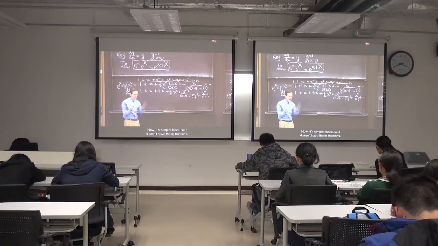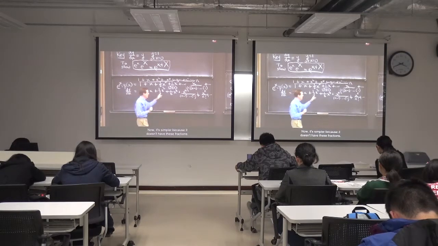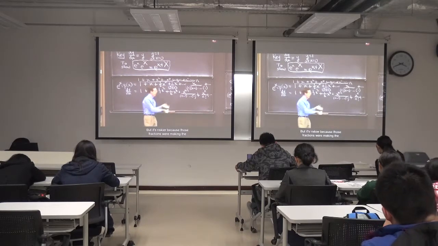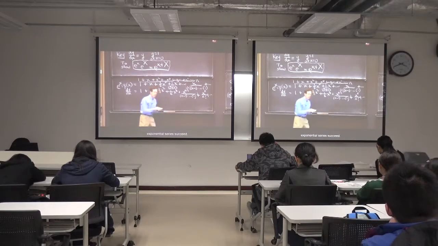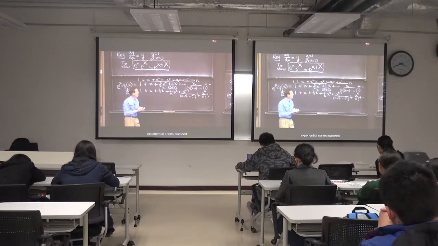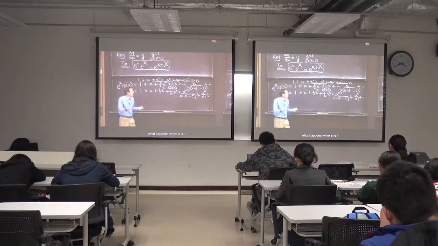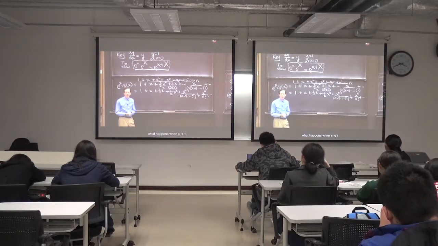Now, it's simpler because it doesn't have these fractions. But it's riskier because those fractions were making the exponential series succeed. Whereas here, with the geometric series, look what happens when x is 1.